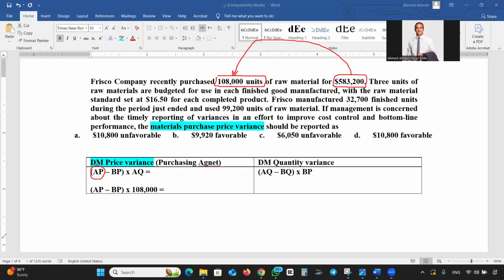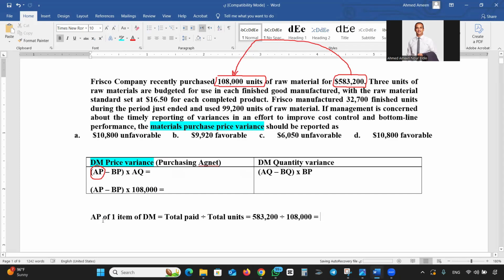So the actual price of one item will be equal to total paid amount divided by total units bought. I'll divide 583,200 by 108,000 units in order to reach the actual price per unit.